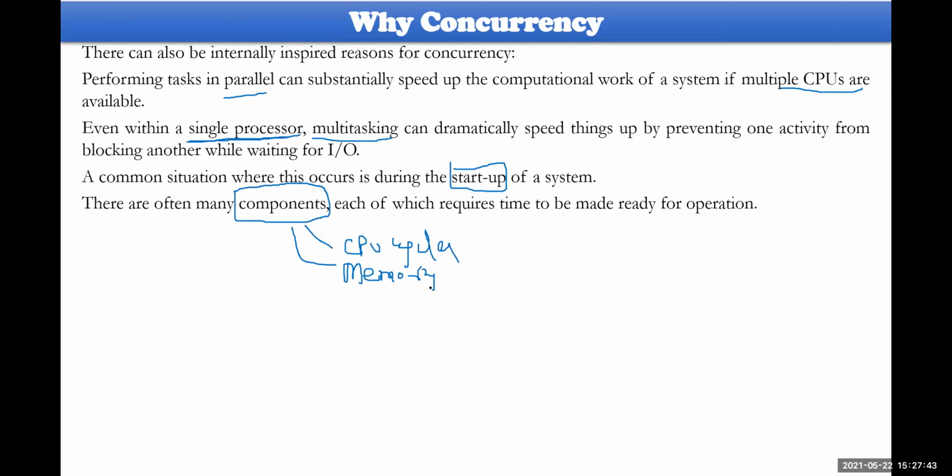The third component required is the system bus. The system bus also plays a vital role. Many other components are also required for you to get the operation.